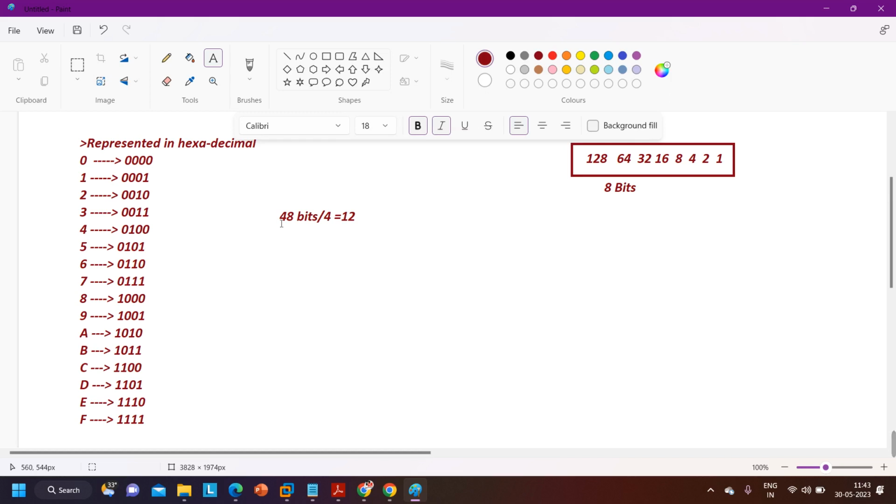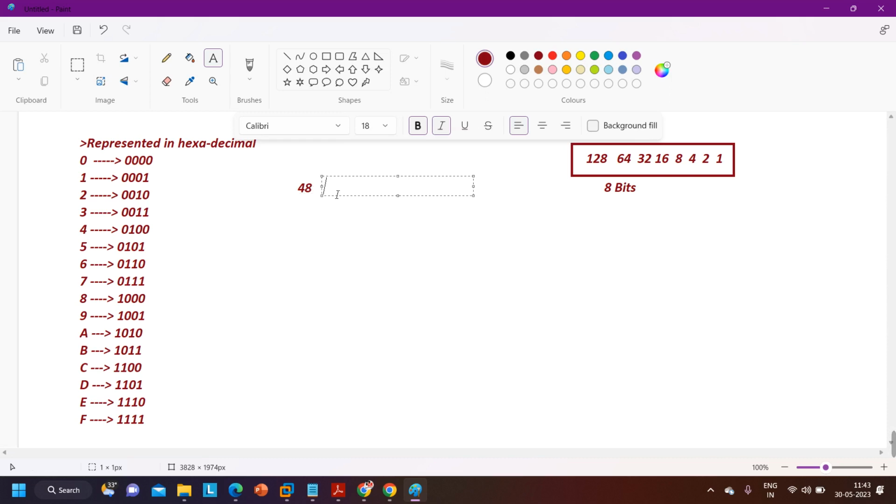Is it clear, everyone? Can you explain one more time, please? Why not? I can explain 1000 times. See, I am seeing an address whose size is 48 bits. And we represent this address in hexadecimal.